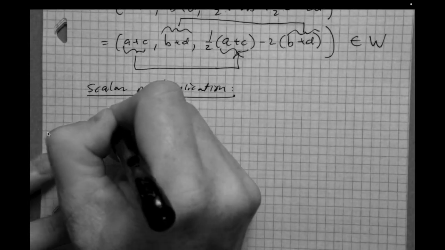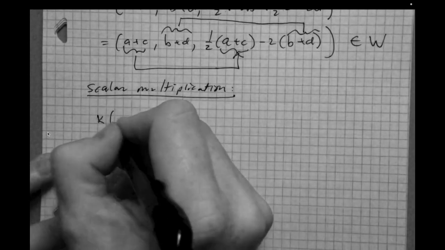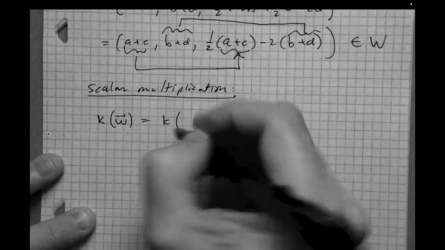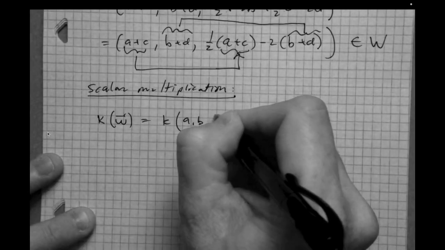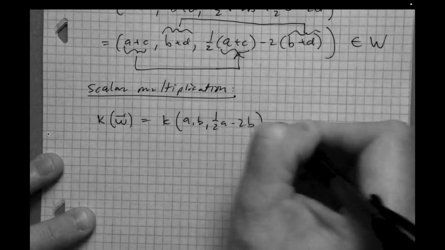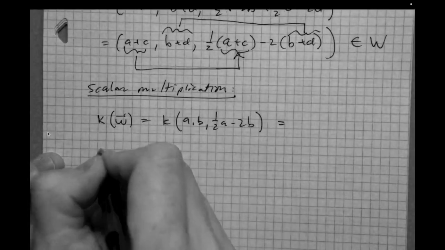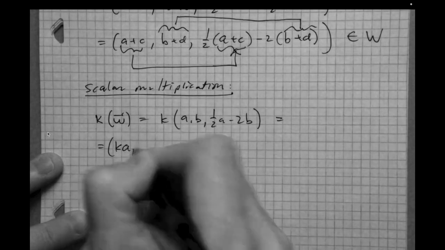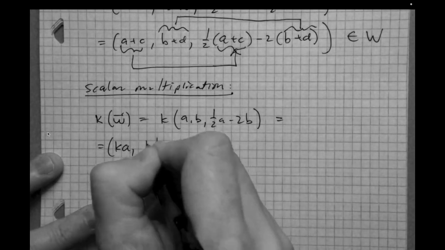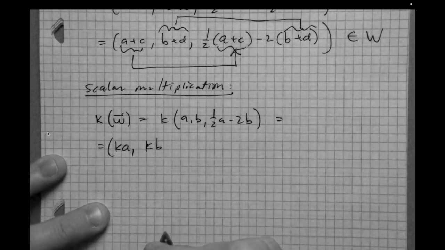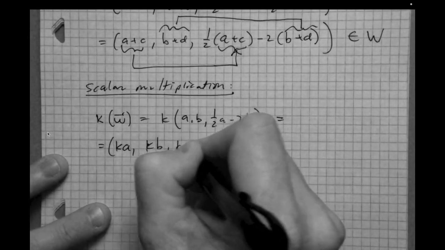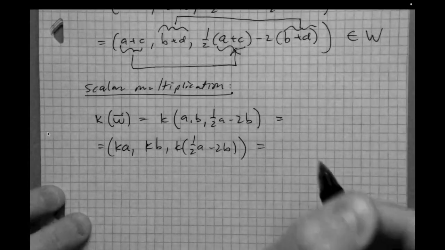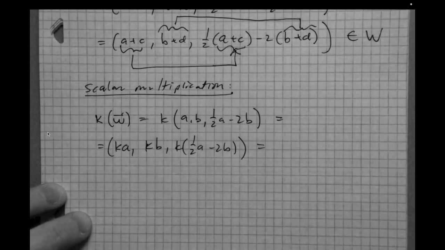So if I take K times W, which we'll say is K times A, B, 1/2 A minus 2B, well, what do I get here? I get K times A, K times B, and then K times 1/2 A minus 2B, like so, right?